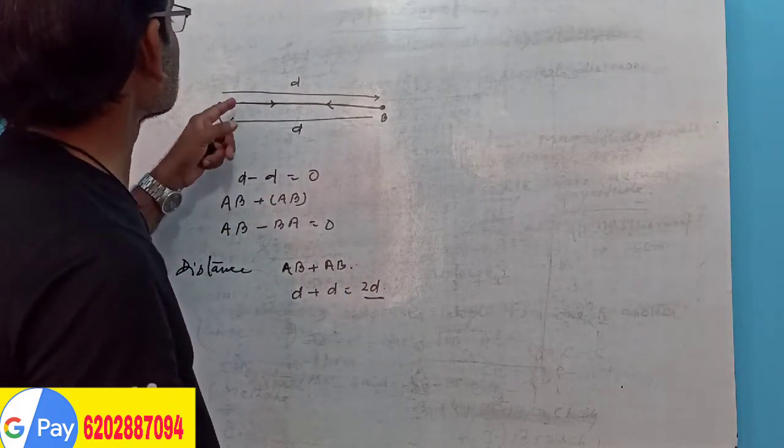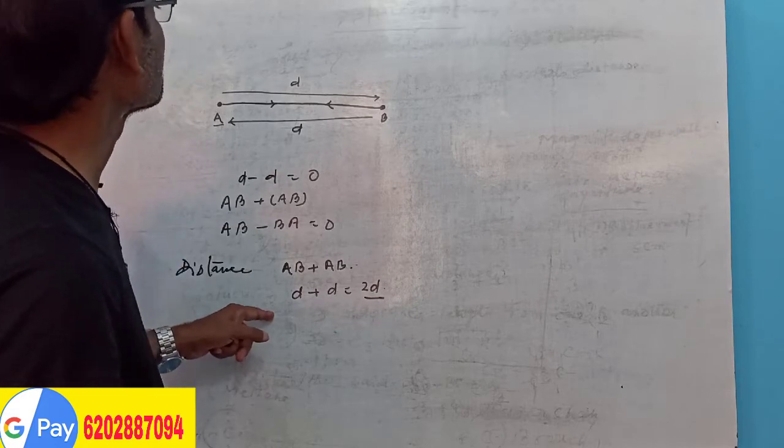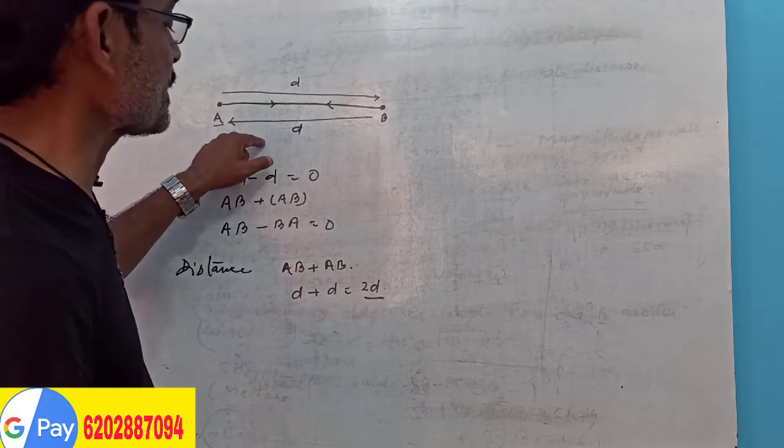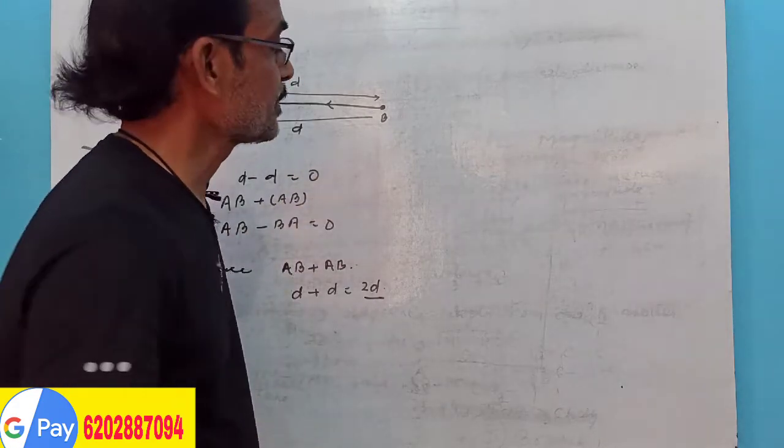Distance becomes larger than the displacement because displacement is the shortest directional distance.